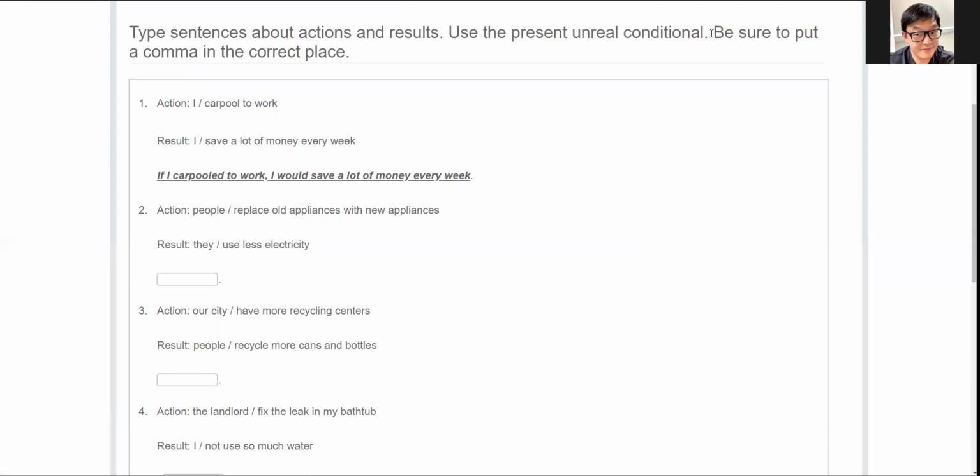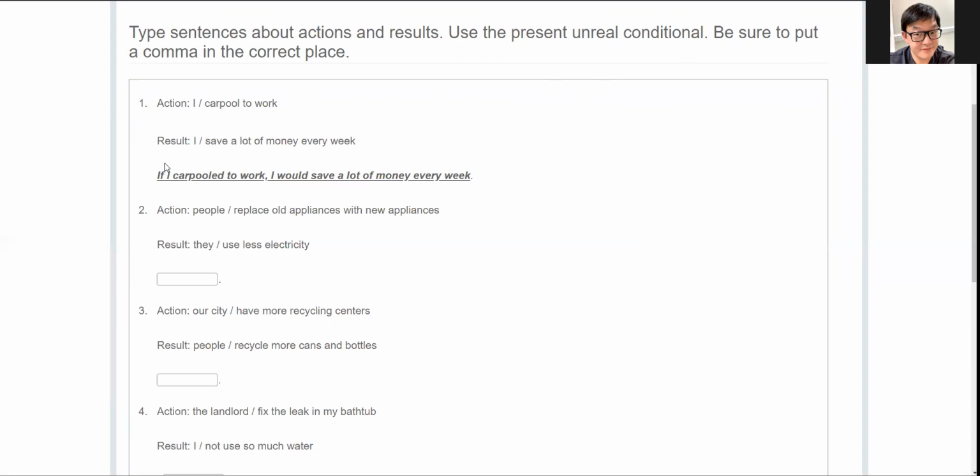And there is a disclaimer here, because I'm doing it in the computer, and if I don't do this, the software will mark it as wrong. Be sure to put a comma in the correct place. Okay, so look what you have here. You have the action, I carpool to work. The result, I save a lot of money every week.